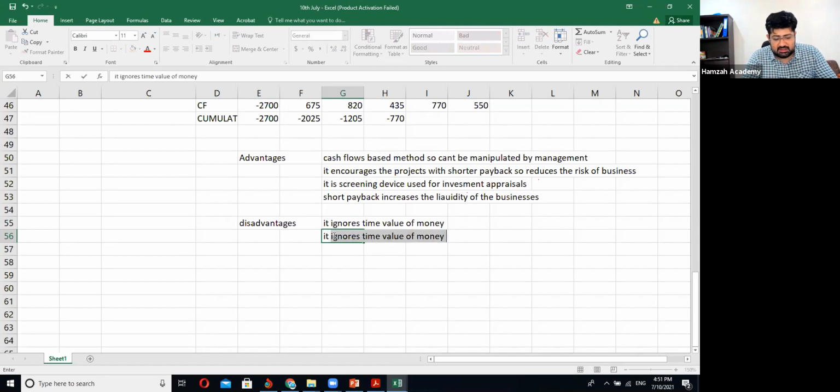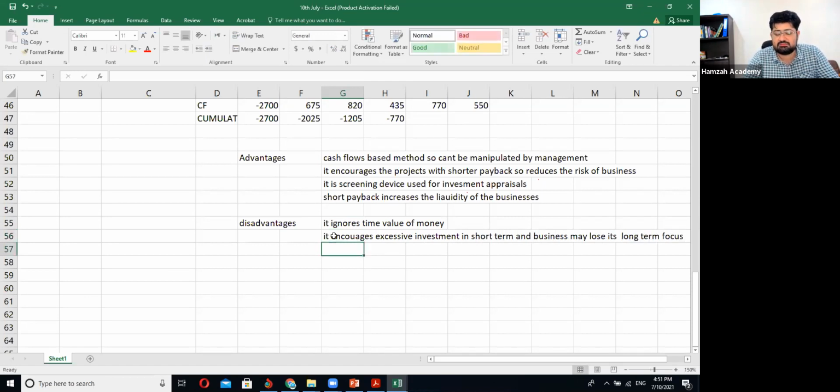It encourages excessive investment in the short term, and the business may lose its long-term focus because you are investing in the short term only, with no long-term project.